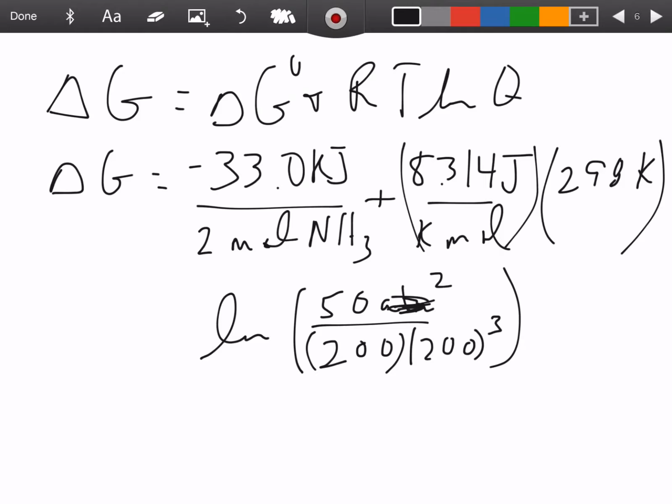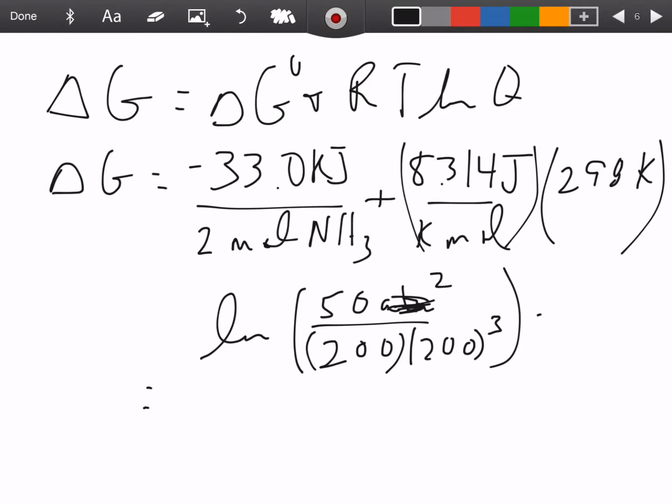So I end up with 50 squared divided by 200 to the 4th power. And if you do this calculation, you end up getting this whole last piece, the 8.314 and the 2.918.